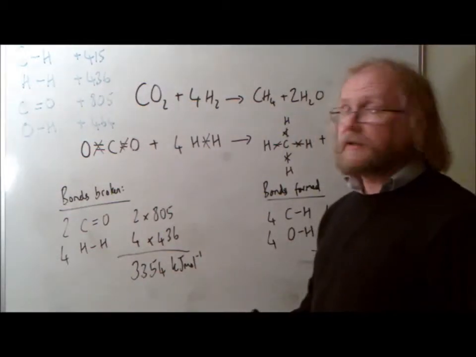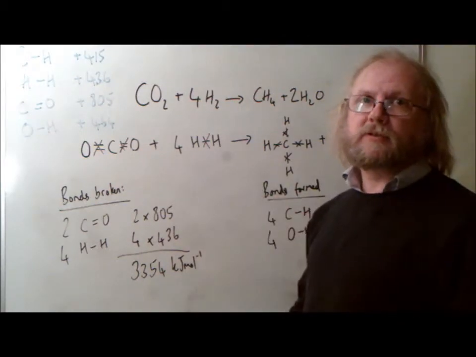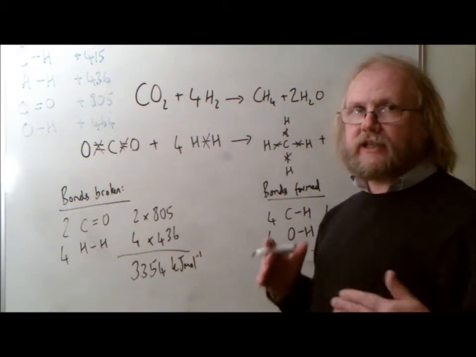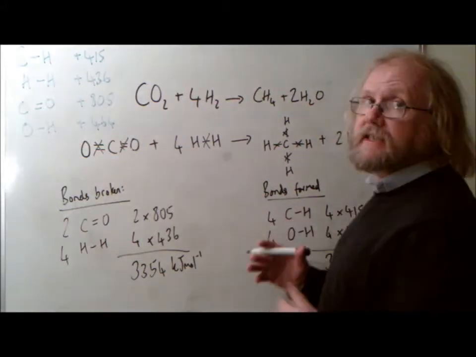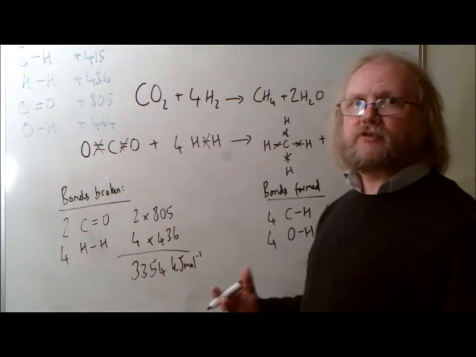Okay, so those are our separate subtotals, and then you have to remember what you have to do to combine them. So remember, bond breaking is endothermic. That's an incredibly important point, that you always have to put energy in to break bonds. You always get energy given out when you form bonds. So you shouldn't have to learn some arbitrary rule for this.